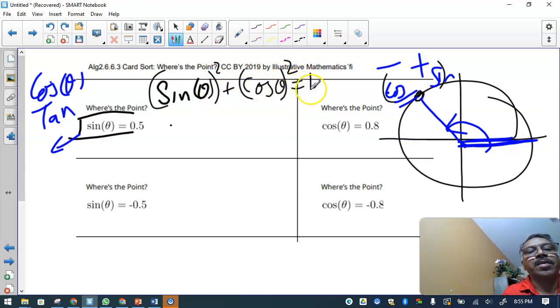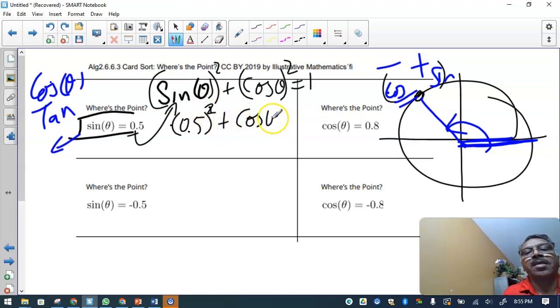So all you do is plug this in: 0.5, the whole square, plus cosine squared theta, which we don't know, is 1. This becomes 0.25 plus cosine squared theta is 1.